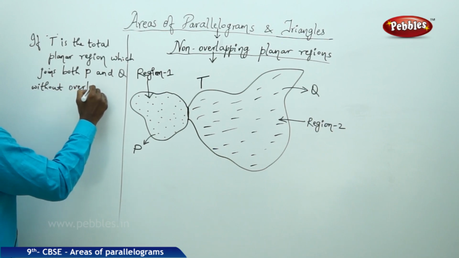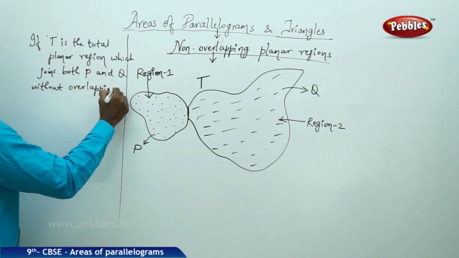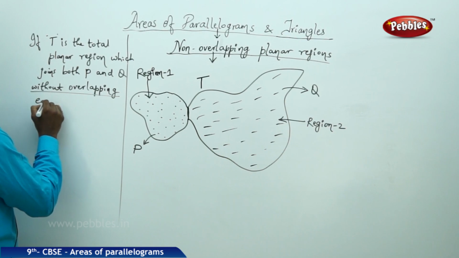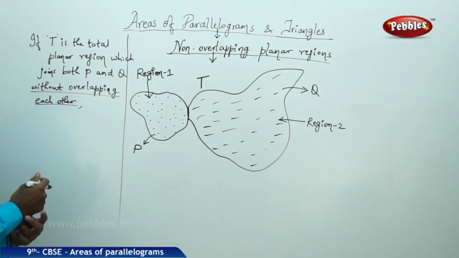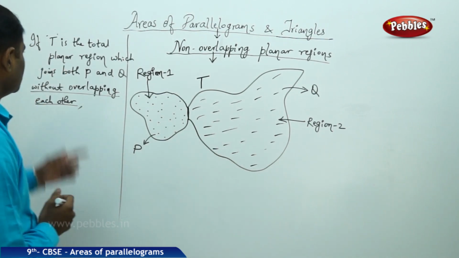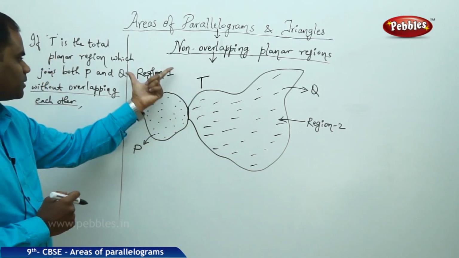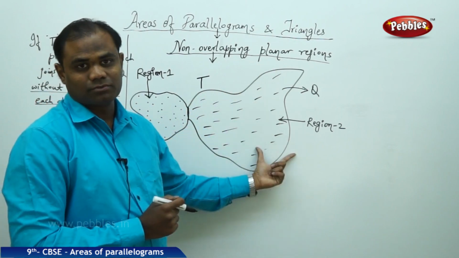Without overlapping each other, T is the total planar region which is obtained by region 1 plus region 2.